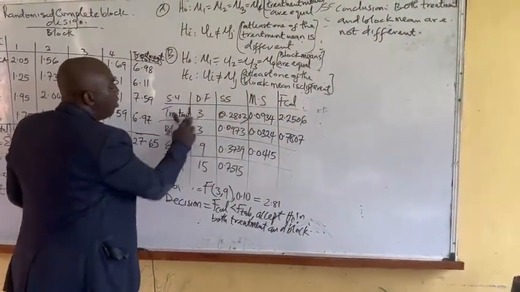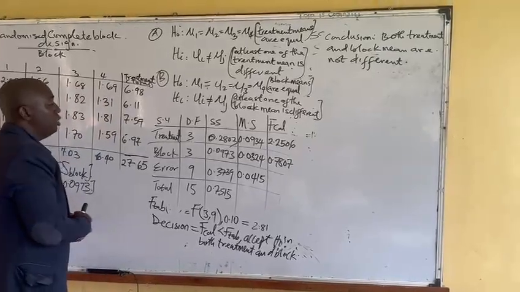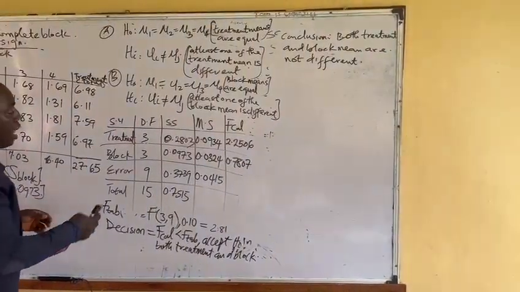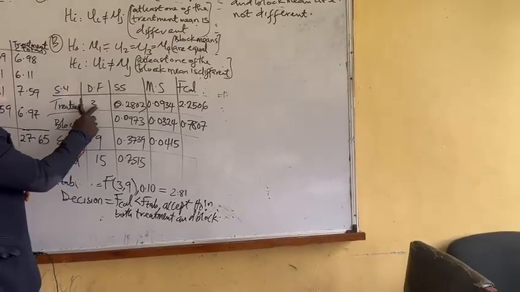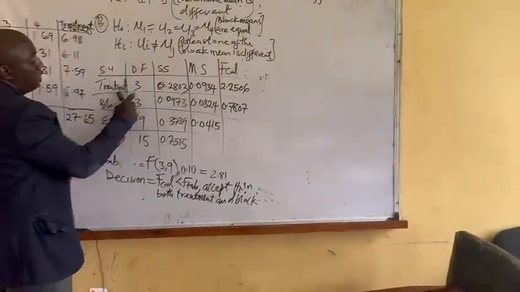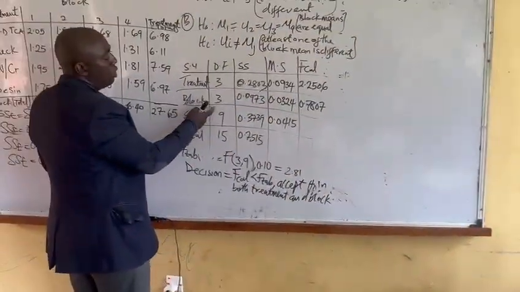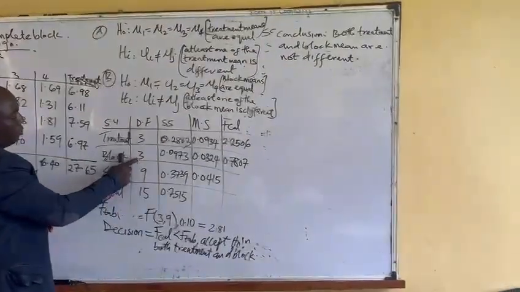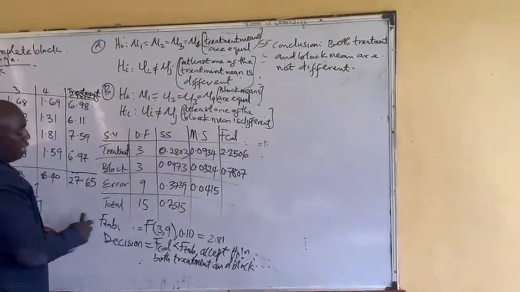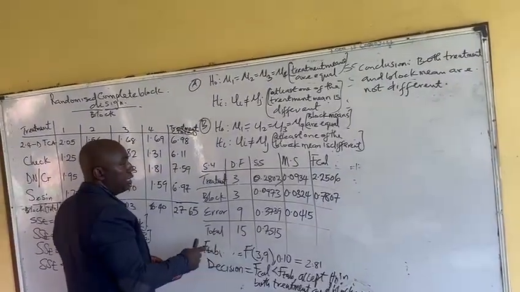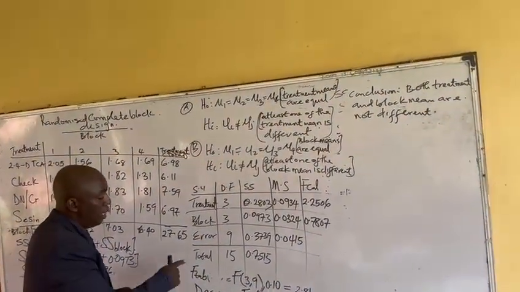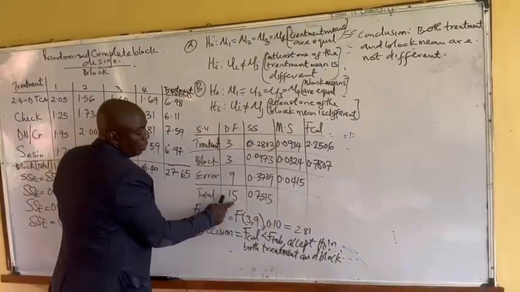The degree of freedom for treatment is K minus 1, that is 4 minus 1, giving us 3. Degree of freedom for block is also 3. Then degree of freedom for total is NK minus 1, that is 4 times 4 minus 1, that's 16 minus 1, giving us 15.